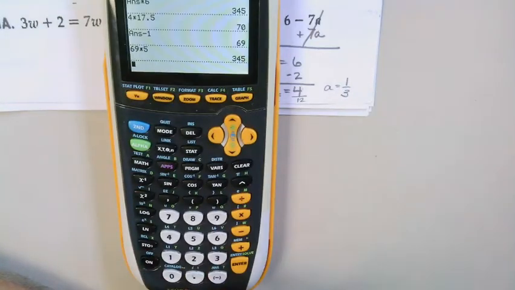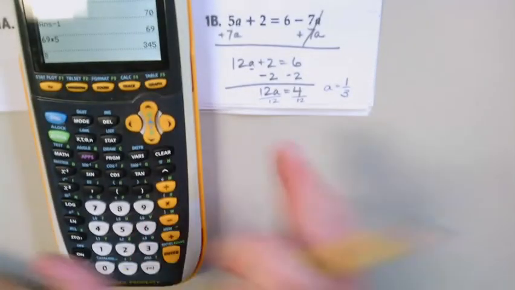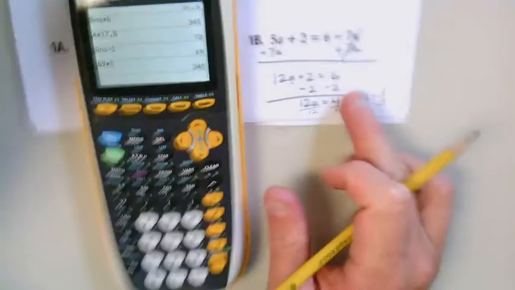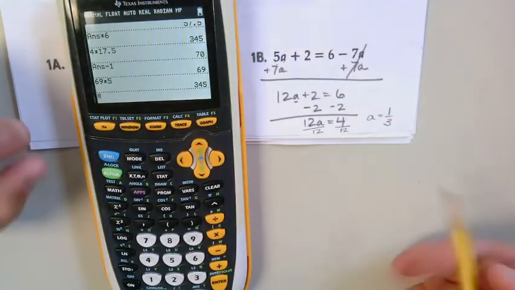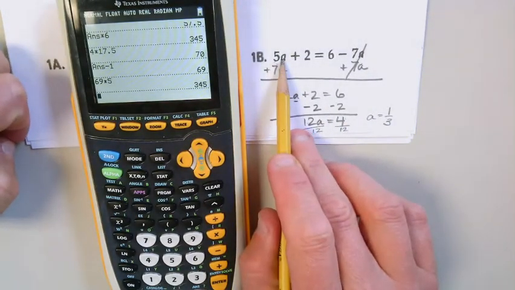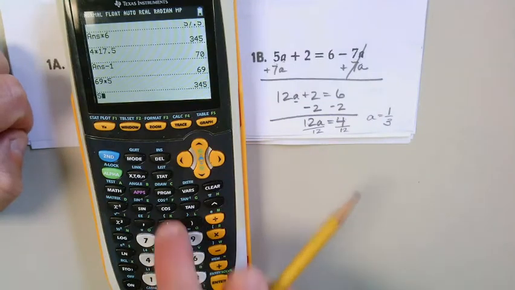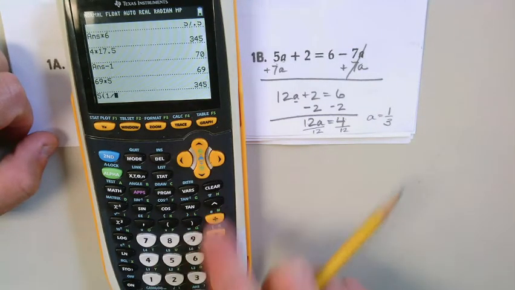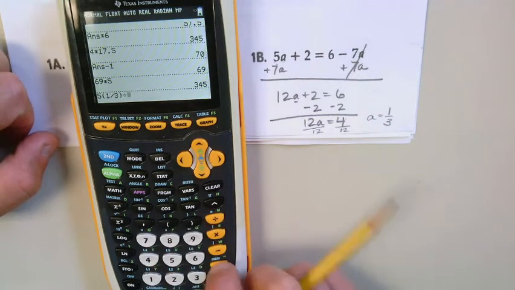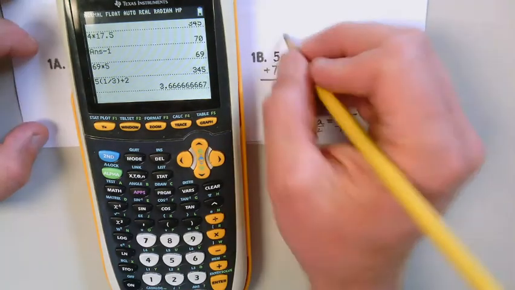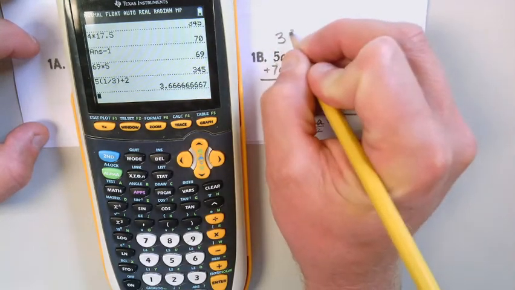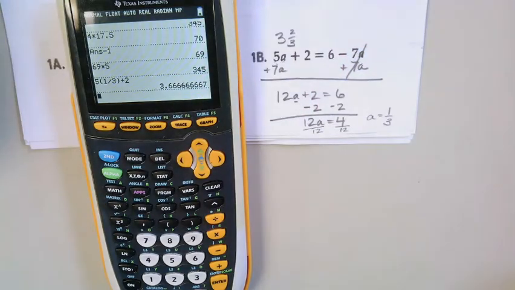Let me show you how you can put this into your calculator here. This is 5 times 1/3 plus 2. So 5 parentheses 1 divided by 3 plus 2. Okay, so we get 3 2/3 or 3.6 repeating.